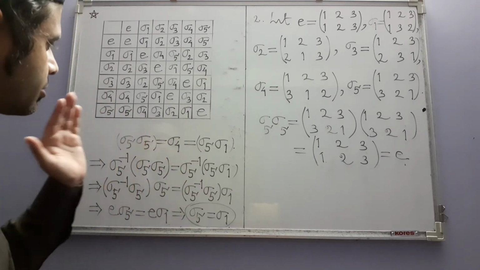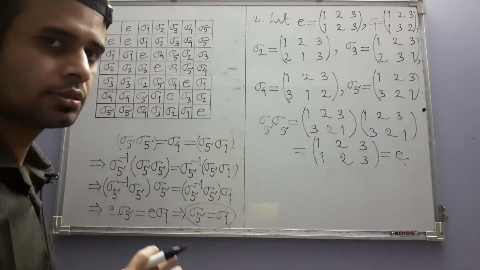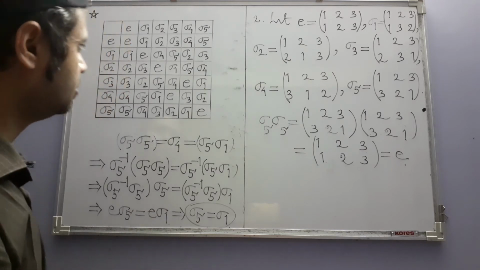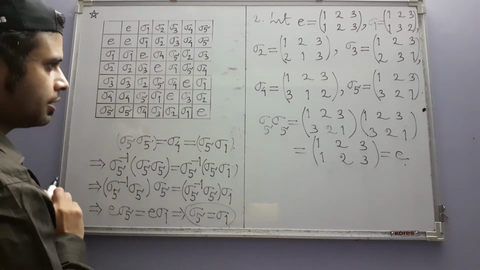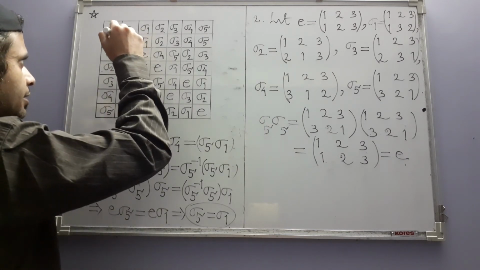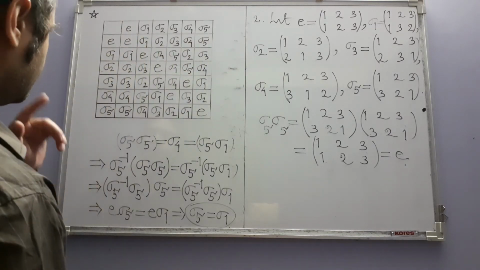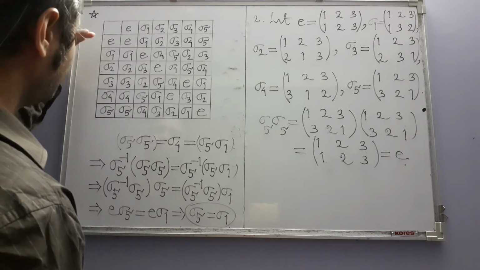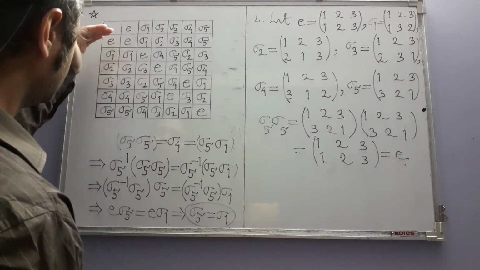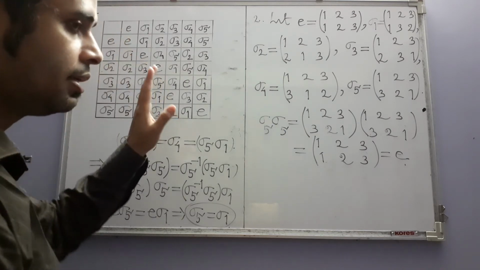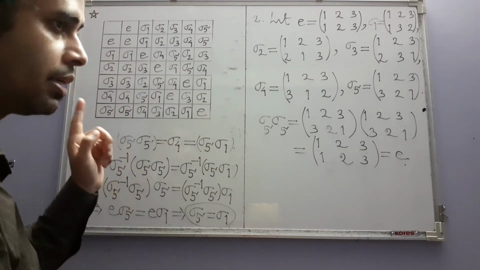The same thing also happens along the columns. So these group tables have this nice property. Every element in the group will appear in every row and will also appear in every column, but exactly once.